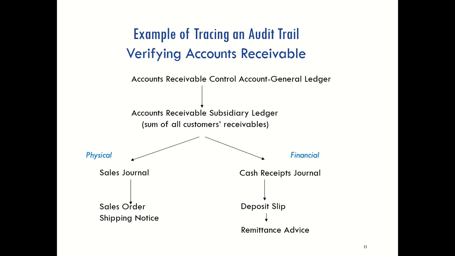And even the sales order, because the sales order is where the amounts going to the sales journal came from. And in terms of financial, you look at the cash receipt journal for how much was received, and then the deposit slip or even the remittance advice. So we have various ways to trace an audit trail for any account.